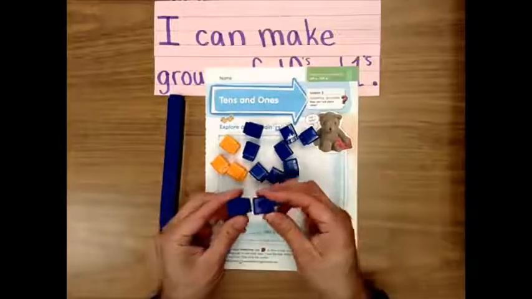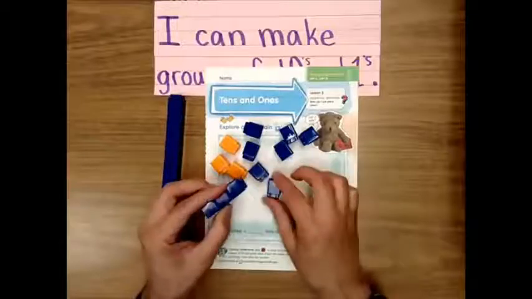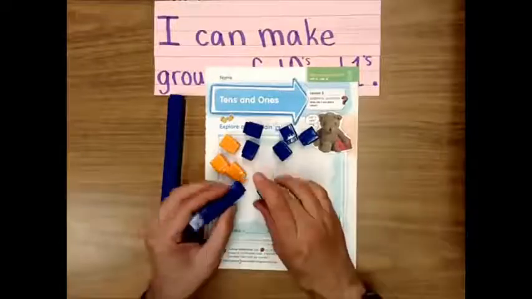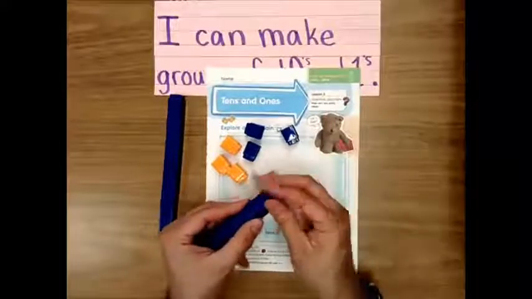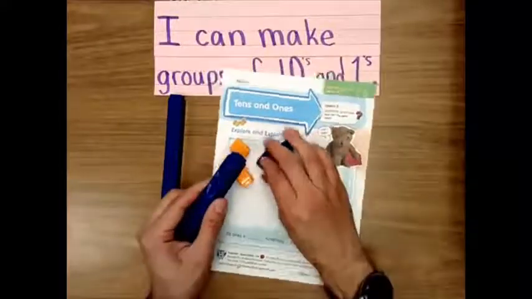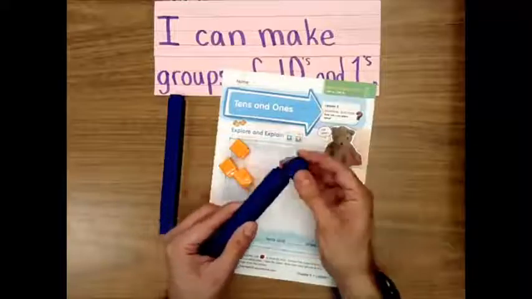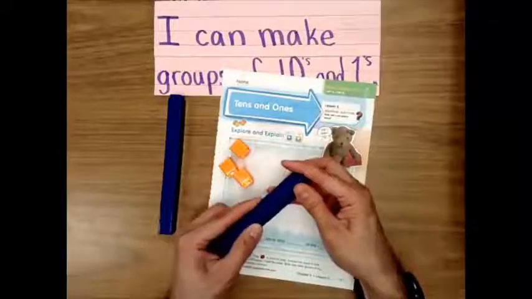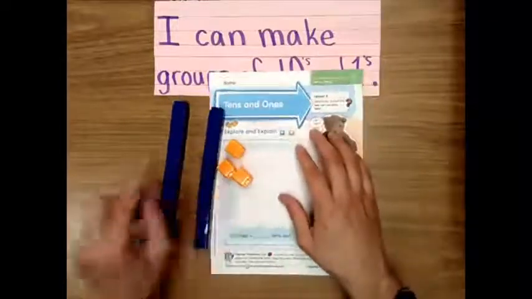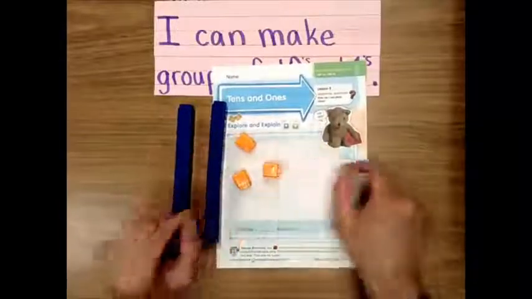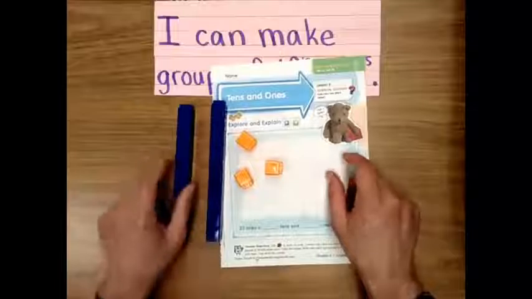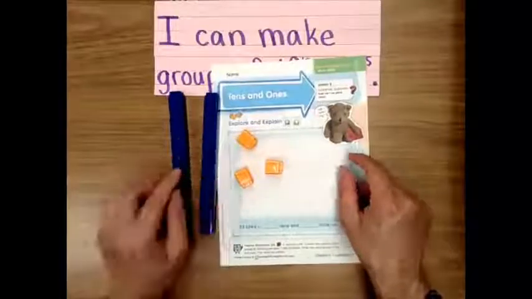So let's see, 1, 2, 3, 4, 5, 6, 7, 8, 9, 10. So I have another group of 10. So I have 2 10s and I have 3 1s.